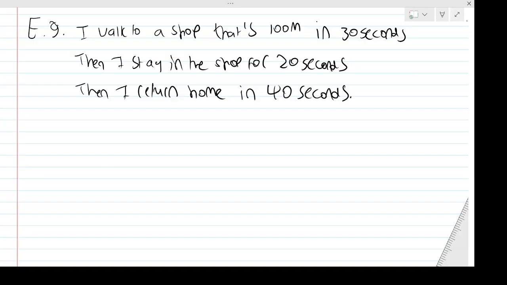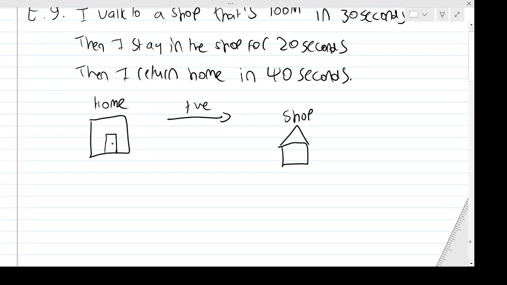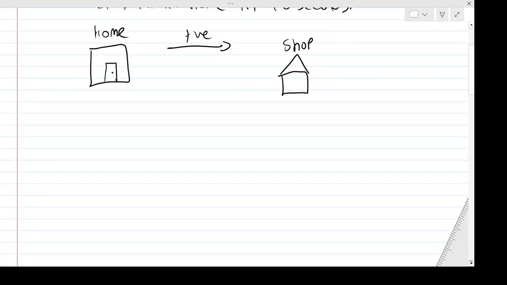Okay, so how do I want to visualize this as a graph then? So again, let's say I have a home. That's home. And let's say the direction towards the shop is positive. So how do I want to represent this as a displacement time graph?